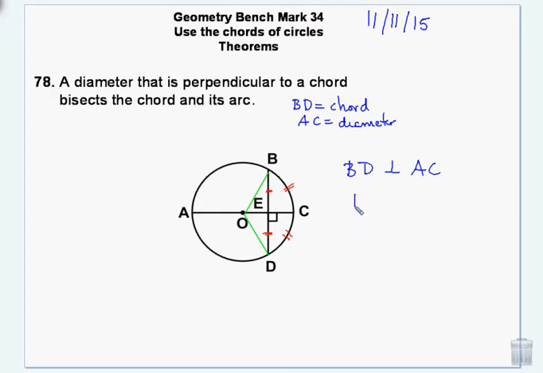Okay, so BE and ED are going to be congruent. And then the arcs BC and CD will also be congruent. Each of those are 1/2 of the arc BD, and this is 1/2 of the chord BD. So far, okay?